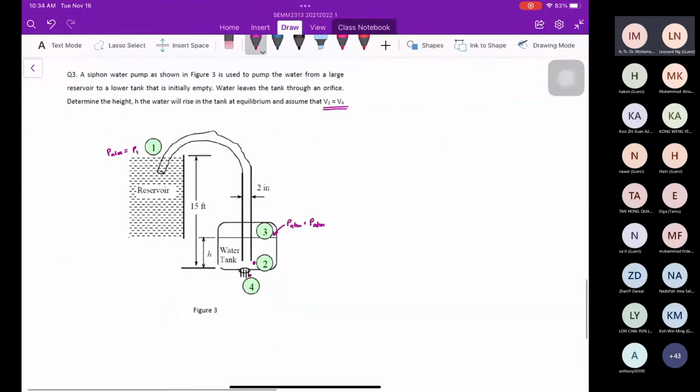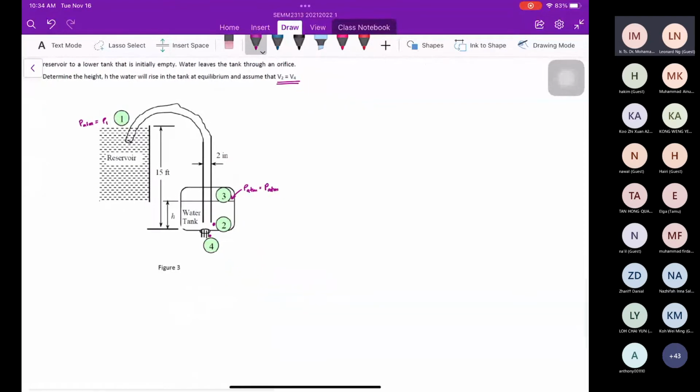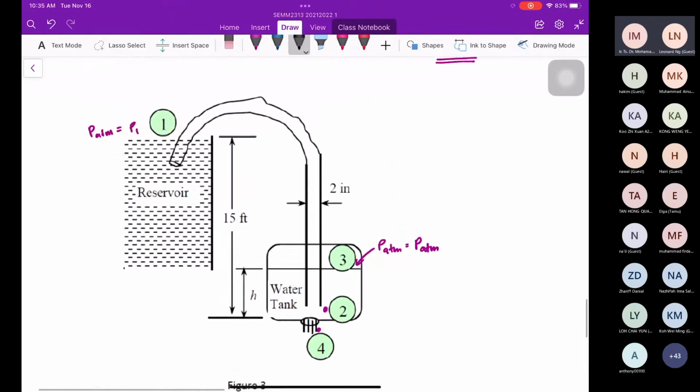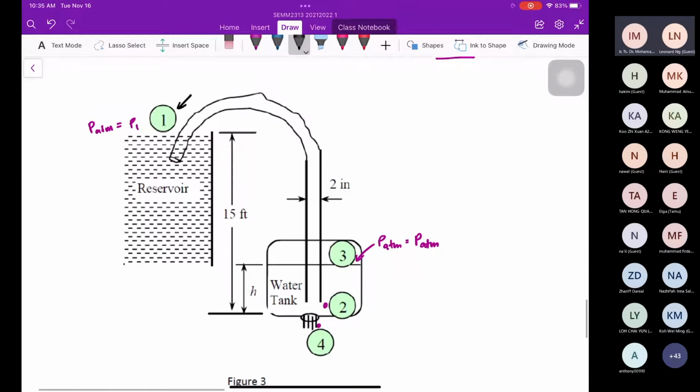Now let's apply the Bernoulli equation at point 1 and point 2.